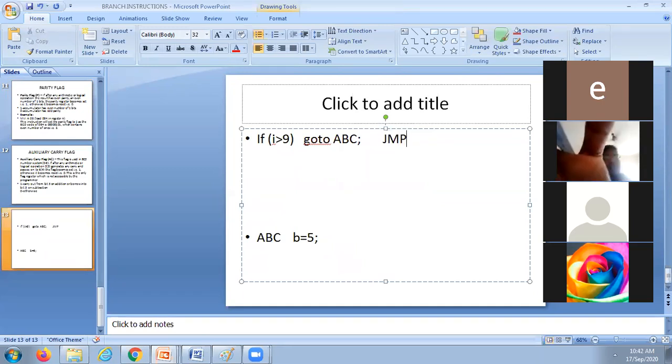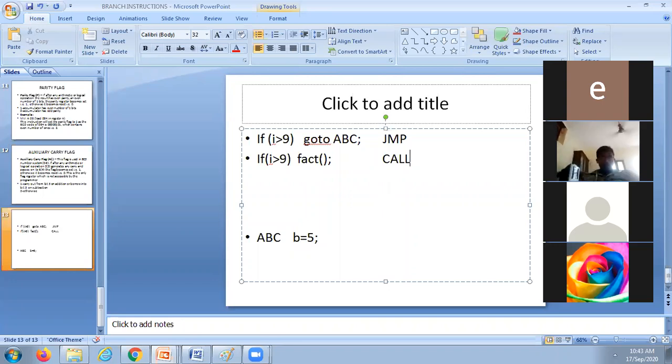Similarly, if I write a statement like this: if I is greater than 9, then you have to use some fact, suppose some function. This is nothing but your call instruction.